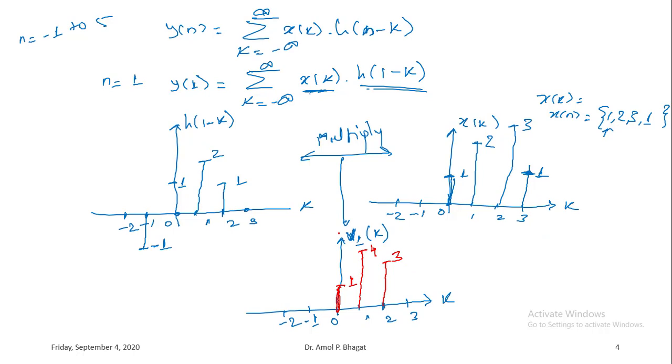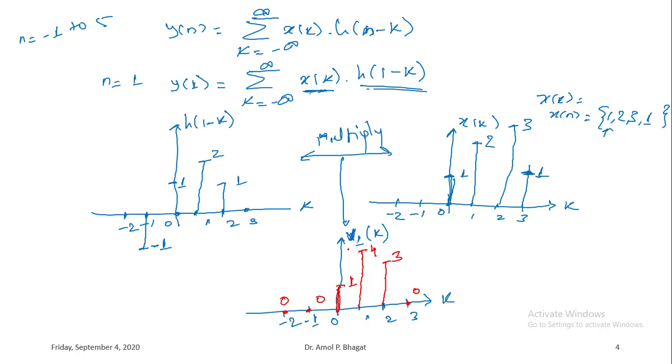Similarly at 3 it is 1, and at 3 there is no value, meaning 0, so 0 multiplied by 1 will be 0 in this case. Similarly, for minus 1, it is 0 here and minus 1 there, so minus 1 multiplied by 0 will be 0. So this value will be again 0.